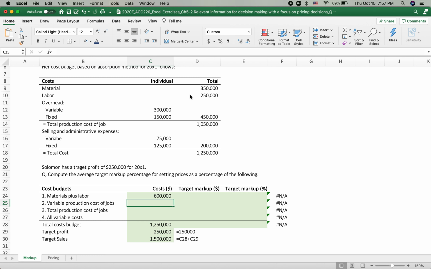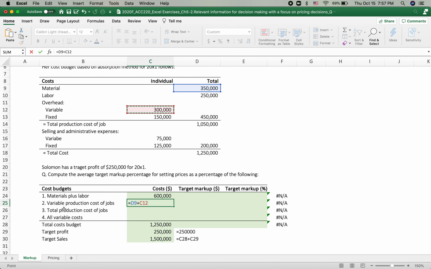Then variable production cost of job is 350,000 and labor 250, that are the variable cost. And then what else? That 300,000, the manufacturing overhead.